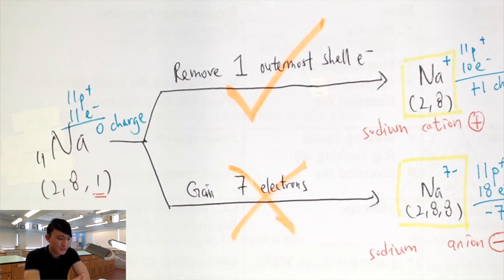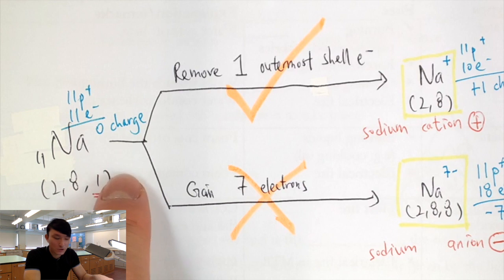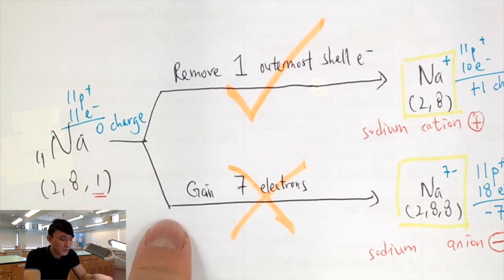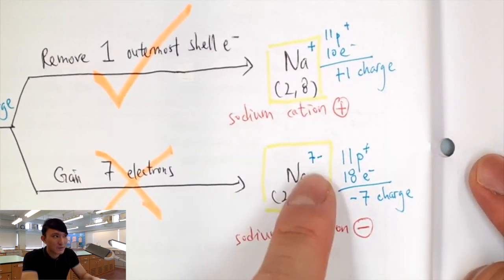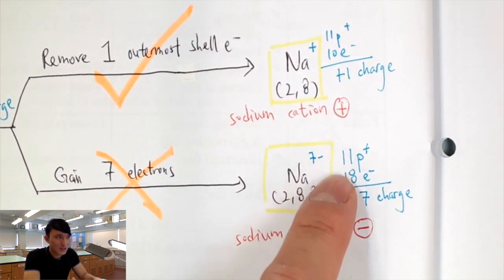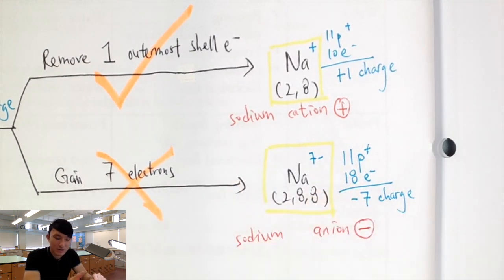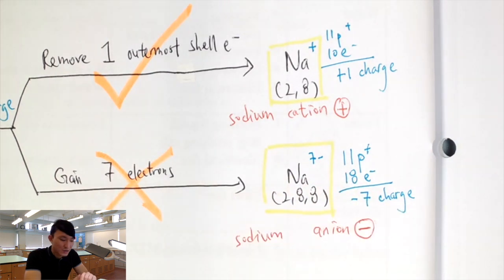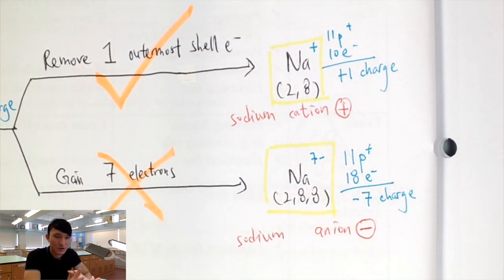Okay? Simply because it is too much work. It takes too much work to gain 7 electrons, so it is impossible to gain 7 electrons. Plus, look at the subatomic composition, you need to have 11 protons controlling 18 electrons, so it is quite unstable. We have so many electrons, they are out of control.